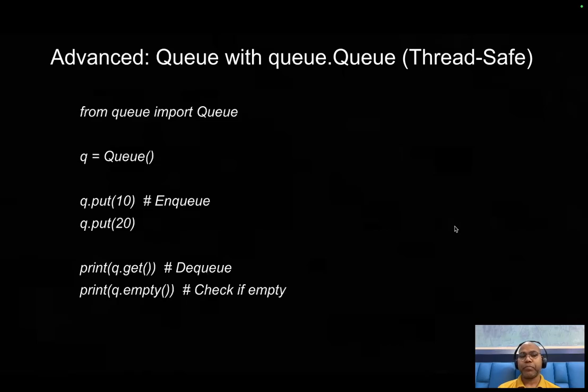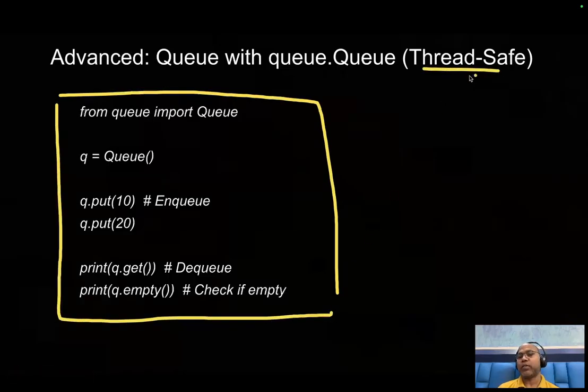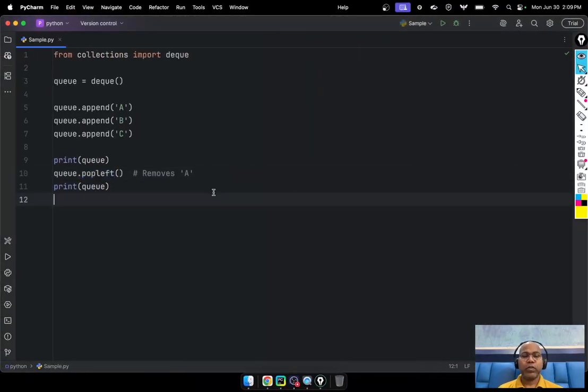Sometimes you want to implement a multi-threading application, and you want a thread-safe collection. So there is a queue class as well, which is thread-safe.